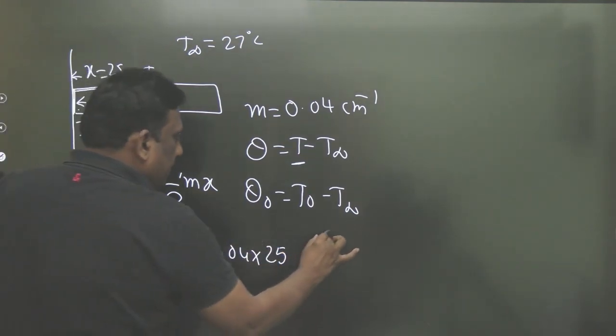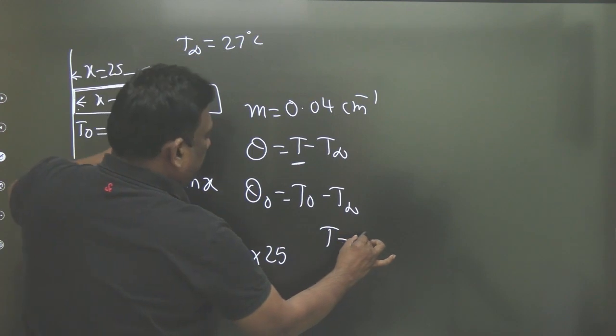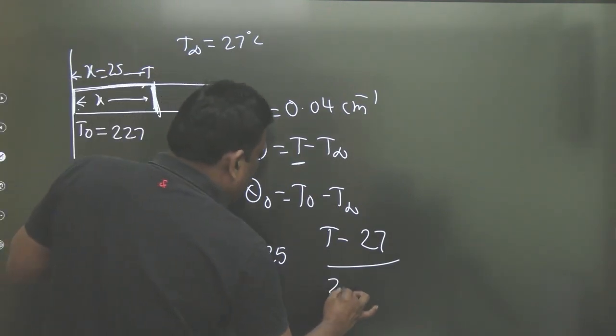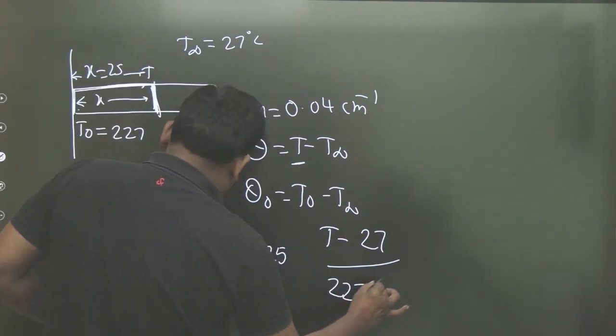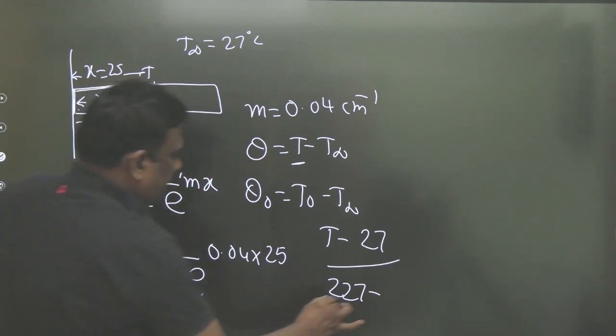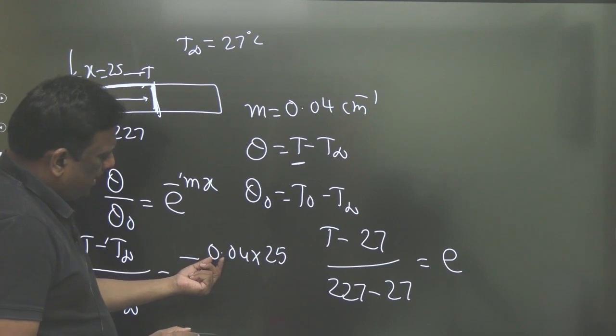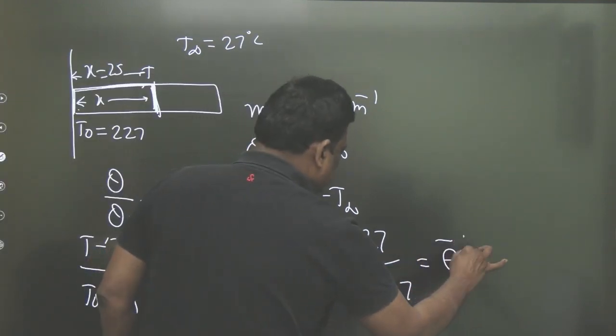So you will get T. The ambient temperature is 27, and if this is in degree centigrade, the result will be in degree centigrade. T minus 27 by T naught, which is 227, minus ambient 27, is equal to e power, 4 by 100 is minus 1.